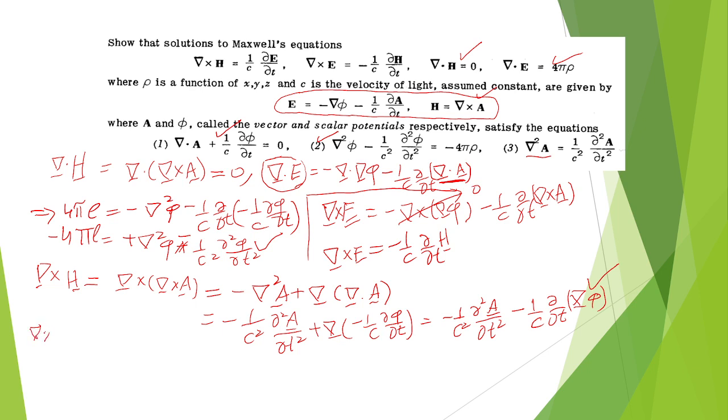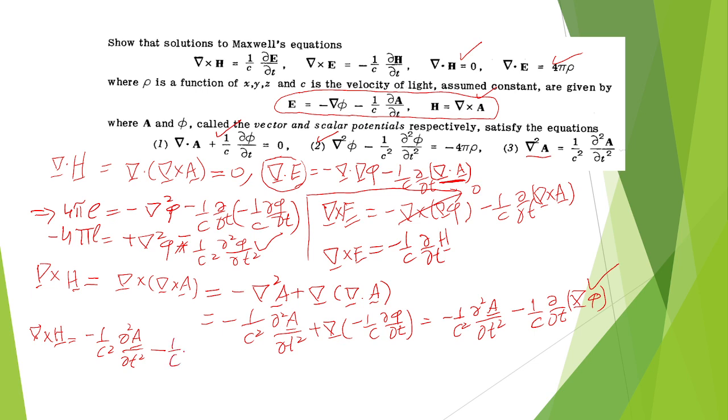Curl of H is equal to, so you see this is the first term, minus 1 over c square partial square A partial t square, and then I will put the value.